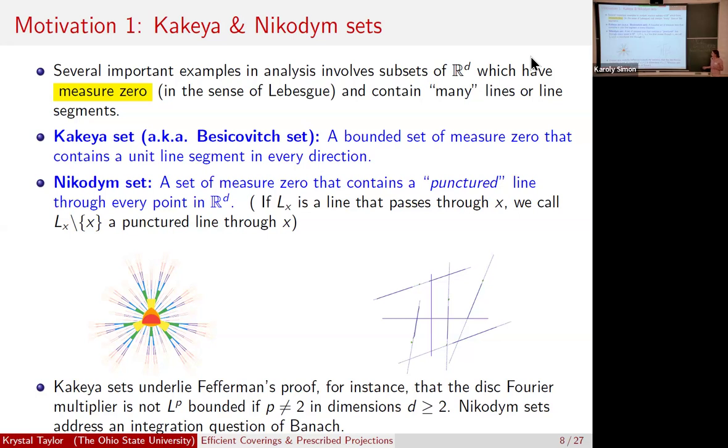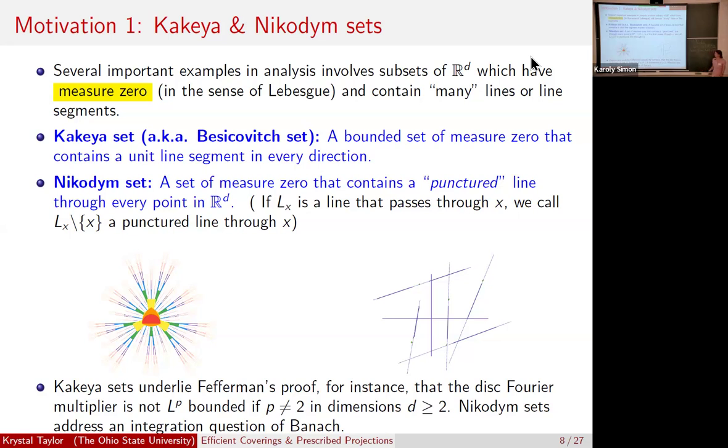Okay. So I guess this is our picture for a Kakeya set, and this is our terrible picture for a Nikodym set. So Kakeya sets underlie important examples, counterexamples in analysis. For instance, Kakeya sets underlie Fefferman's proof that the disk multiplier is not L^p bounded if p is different than 2. So this is our first instance of using these sorts of sets and this technology to examine L^p to L^p mapping properties.